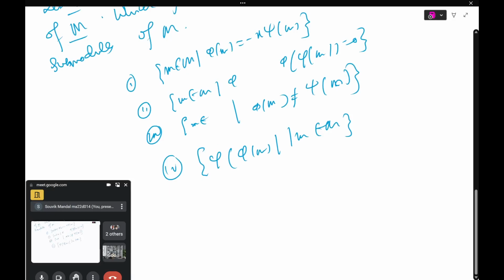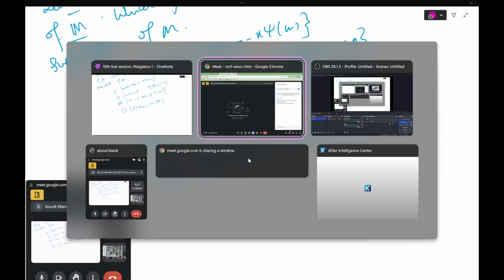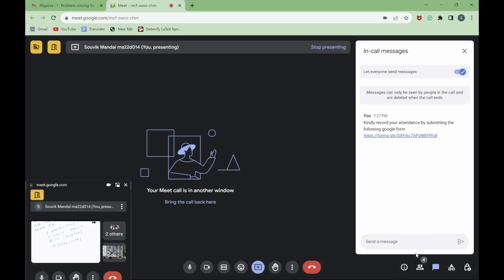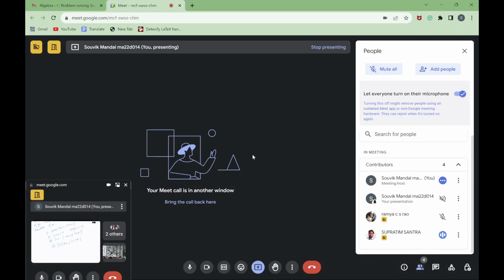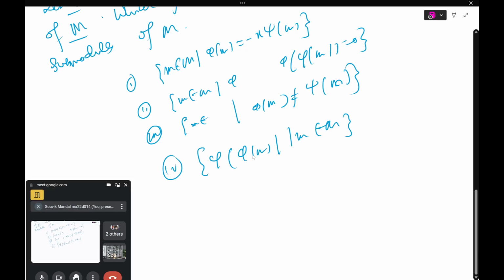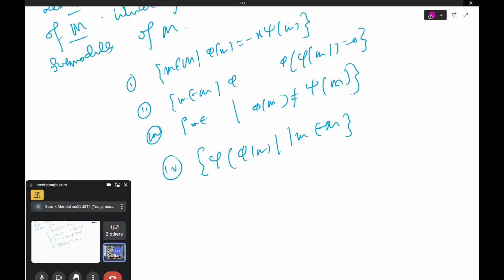Why are options one, two, and four correct? Sir, option 1 is telling m belongs to M such that phi of m is equal to minus x phi of m. Why is option one correct?